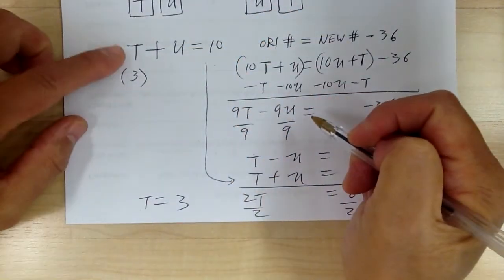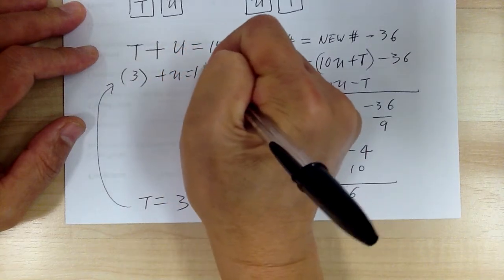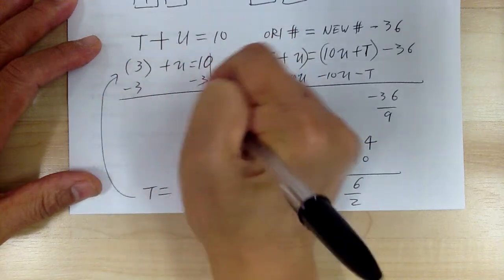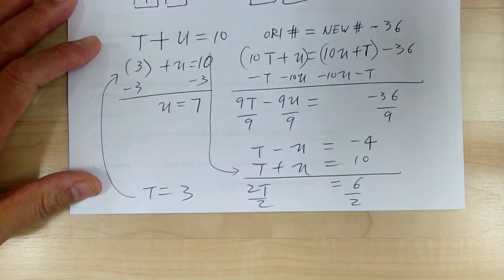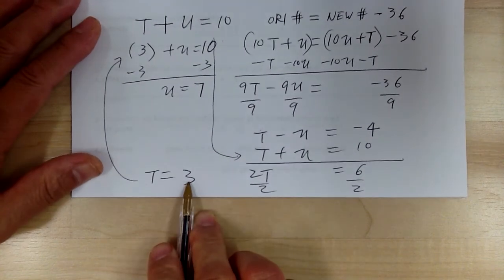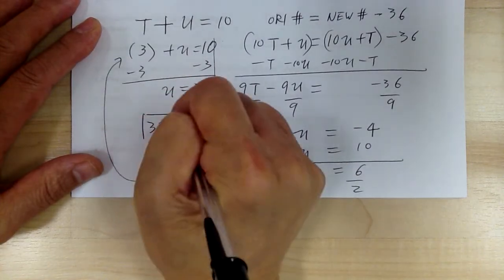So 3 plus u equal to 10, minus 3, so u equal to 7. So my final answer: my tens digit is 3, unit digit is 7. So my number would be 37.